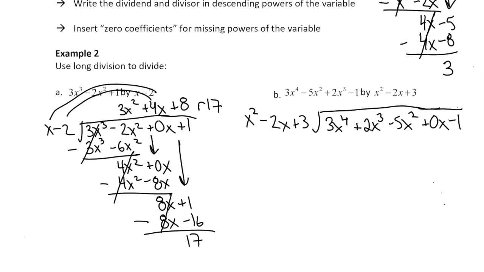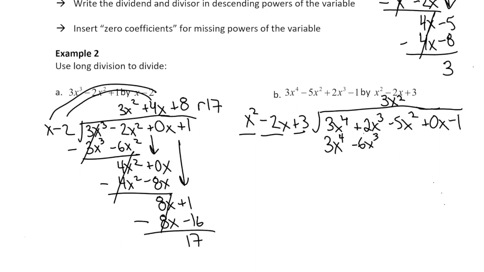Okay, so 3 on 3. X squared times blank equals 3x to the 4, and that would be x squared times 3x squared is going to equal 3x to the 4. And then we distribute it, and we would say, well, what would happen now if you did negative 2x times 3x squared? You would get negative 6x cubed.